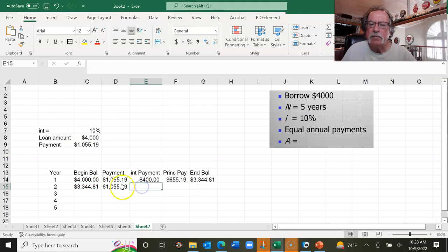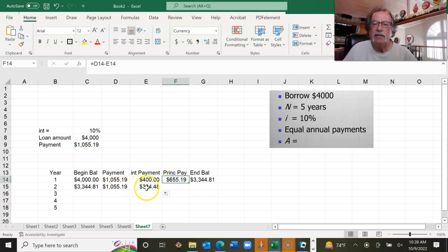Our interest payment is going to be 10% times $3,345. Our principal payment is going to be $1,055 minus $344. And our ending balance is going to be.